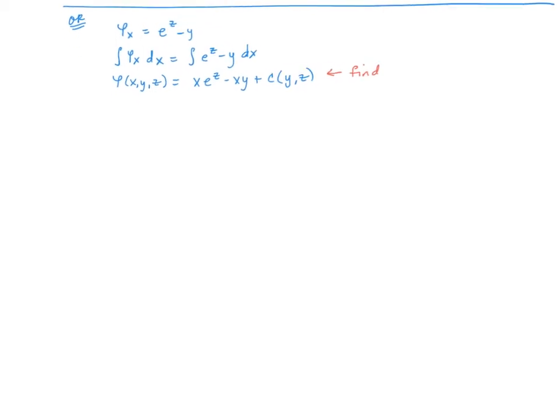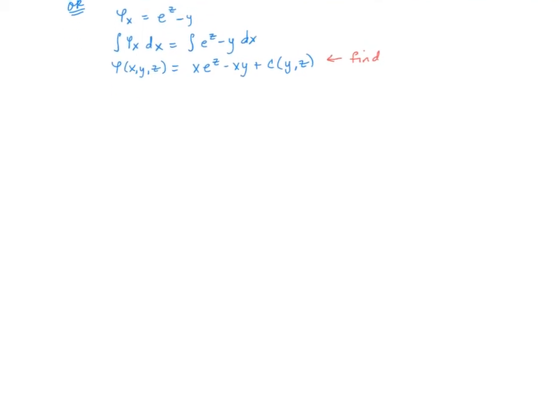The next thing I'm going to do is take that potential function and find the partial derivative with respect to y. Looking at that first component, x e to the z, the partial with respect to y is 0. The next component would be a negative x plus the constant, and taking the derivative with respect to y, it could be some partial derivative written in terms of y and z.